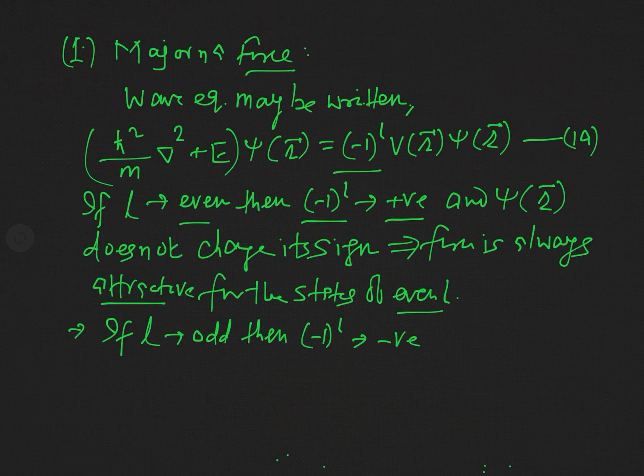And so this will be negative, and this negative value implies that the wave function will change its sign. This implies psi of R changes its sign. And if psi of R changes its sign, this implies that force is always repulsive for all odd values of L.